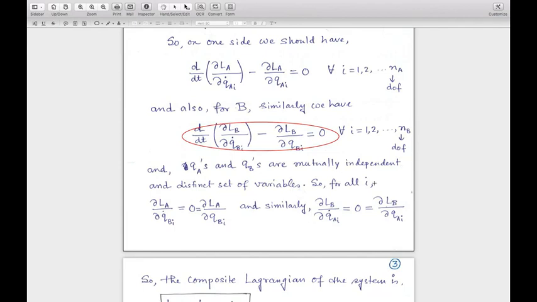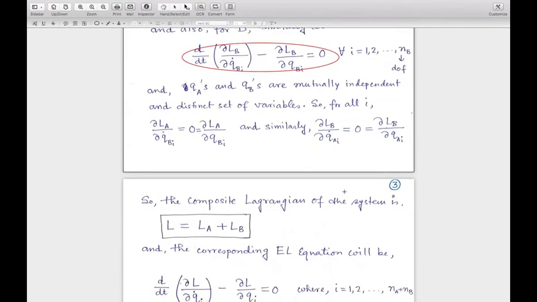So for all i, we can easily say that ∂LA/∂q̇Bi is equal to 0, and ∂LA/∂qBi is also equal to 0. That means LA is independent of qBi and q̇Bi. Similarly for ∂LB and qAi and q̇Ai.